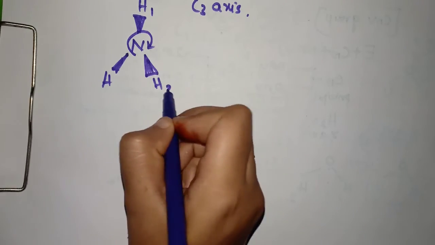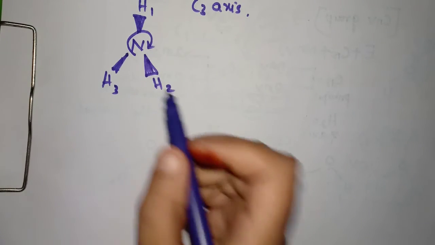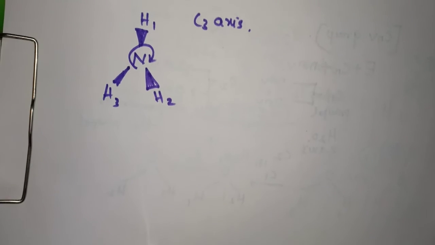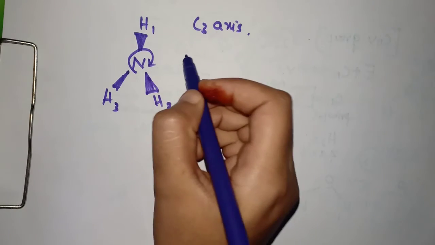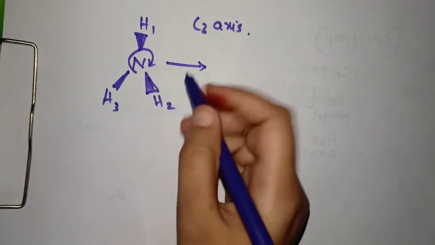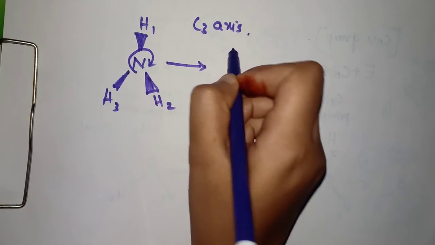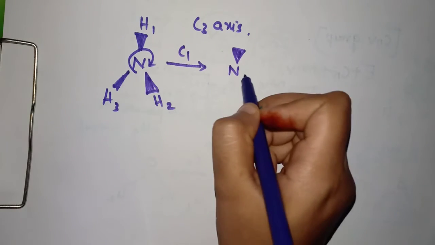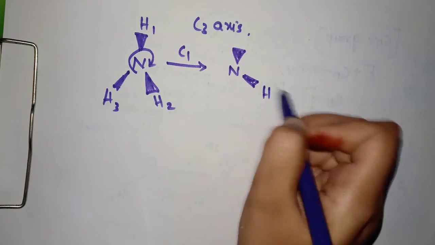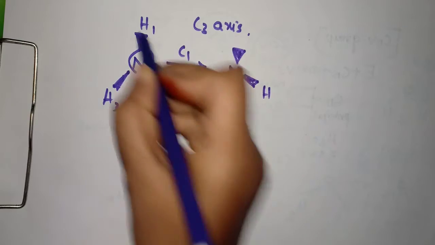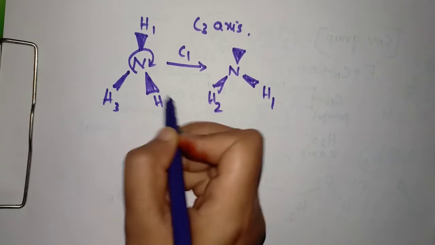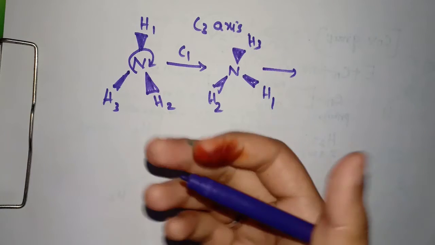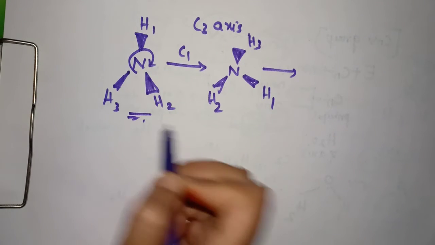See here, it is 1, 2, 3. If you perform C3 operations, we will get the original configuration back. See here, N. If you perform a C3 operation, this H will come this side and this H2 will come this side and this H3 will go on the upper side. Likewise, if you perform C3 operations, we will get the original configuration.